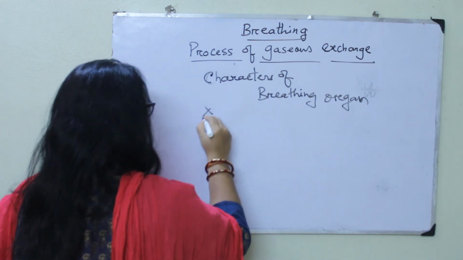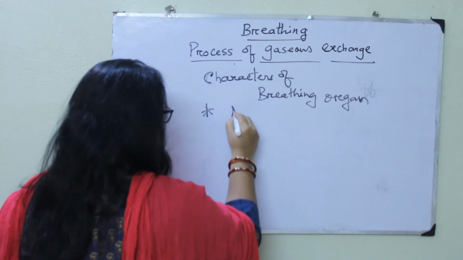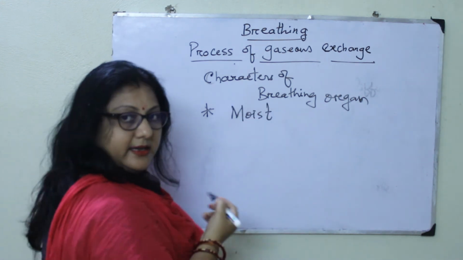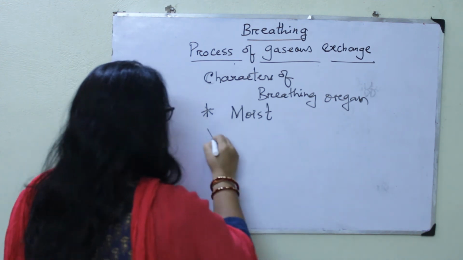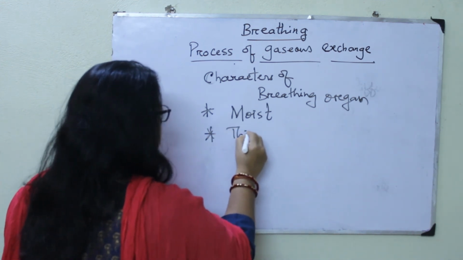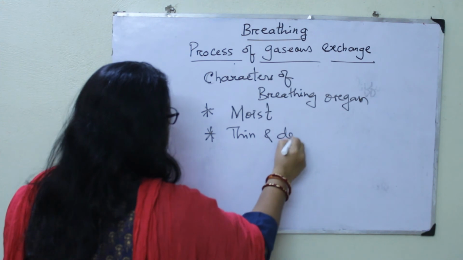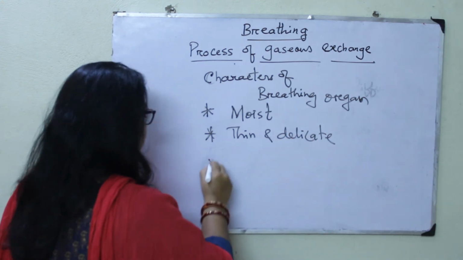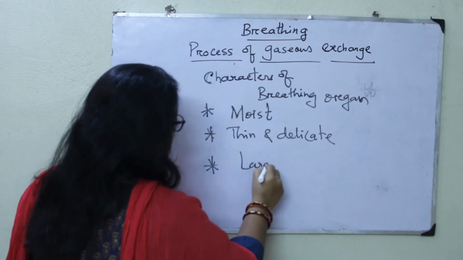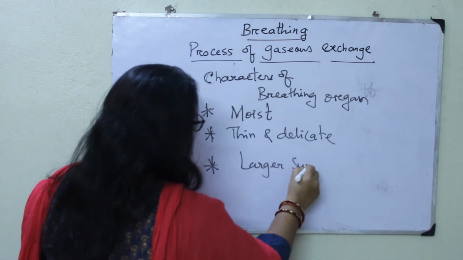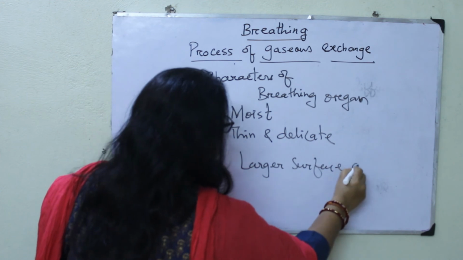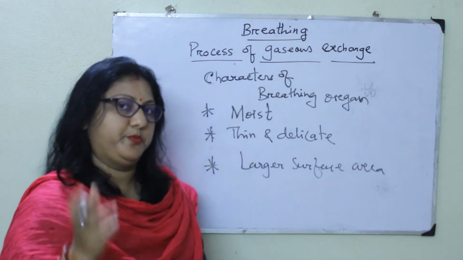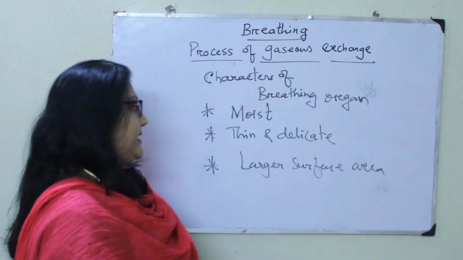Now what are the characteristics it must have? It should be moist, it should be very thin and delicate, and it should have a larger surface area.